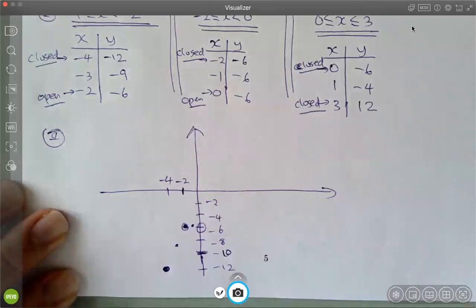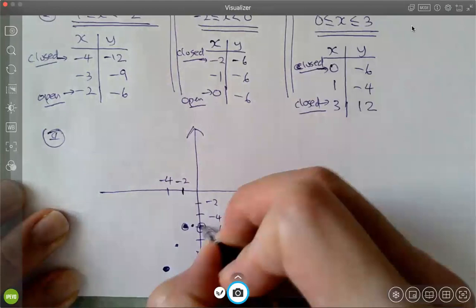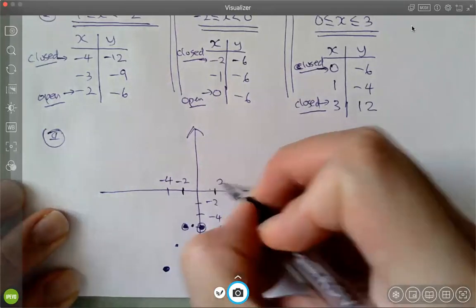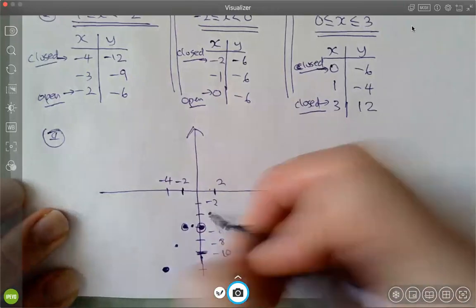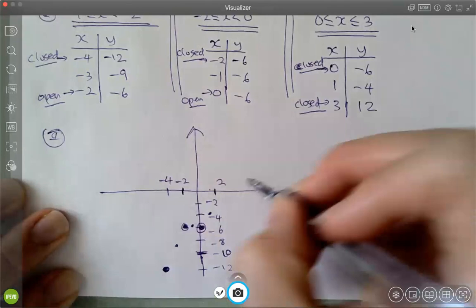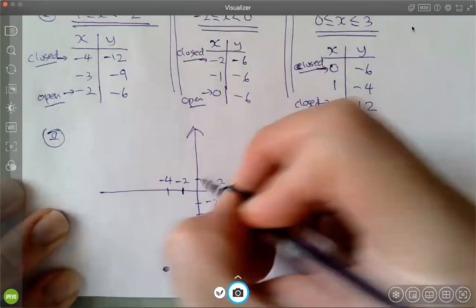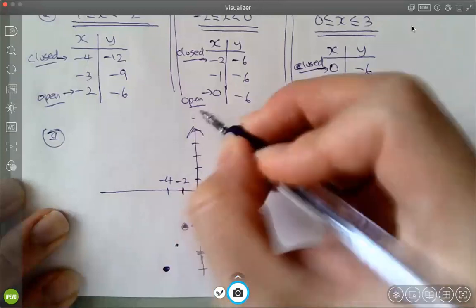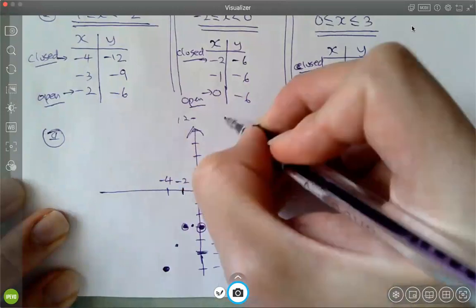And then 0, -6 becomes a closed circle. And then 1, -4 will be somewhere here. And then 3, 12. So 2, 4, 6, 8, 10, maybe here is the 12. So 3, 12 is somewhere here with a closed dot.